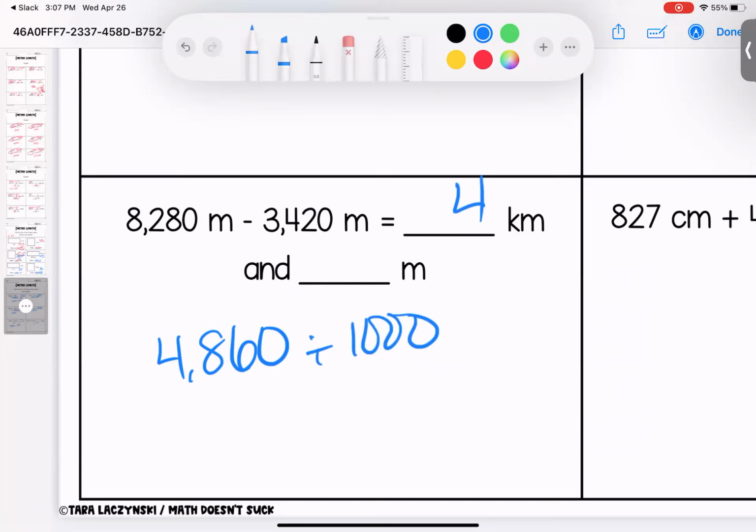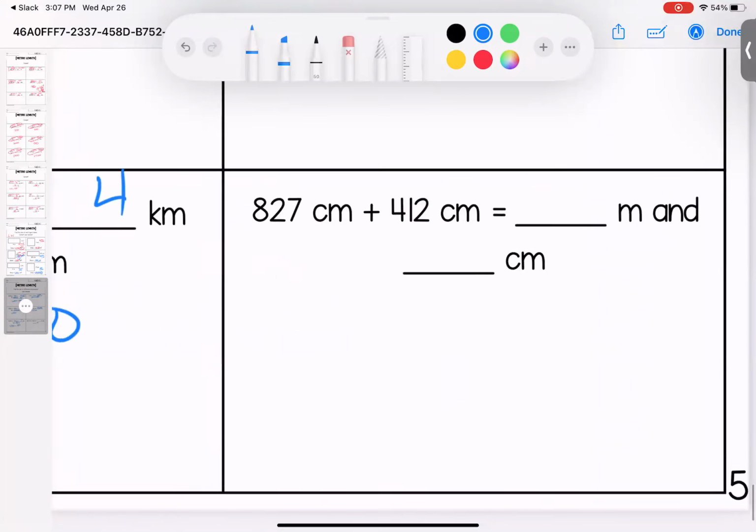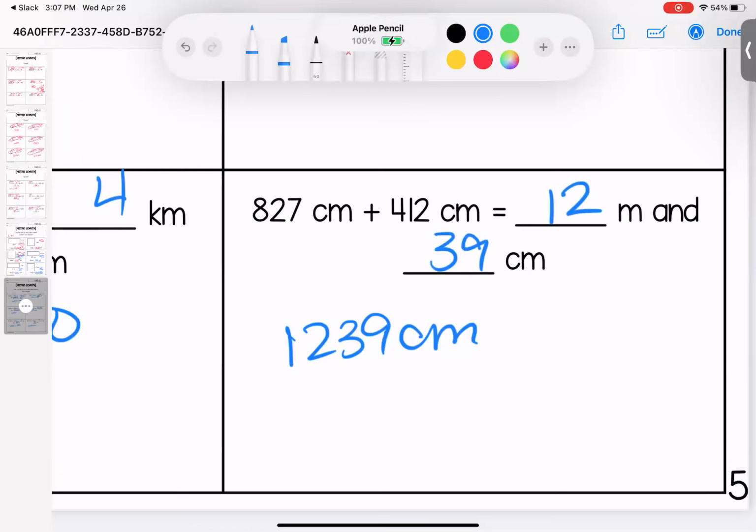I would have 4 kilometers with 860 meters. Over here, we're adding for our last one, 827 plus 412. That gives us a total of 1,239 centimeters. Dividing that by 100, I would have 12 meters and 39 centimeters. All right, I know those last 2 pages were a big stretch. If you have questions, bring them with you to class.